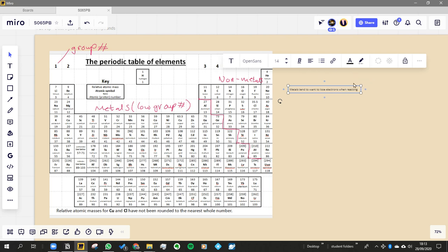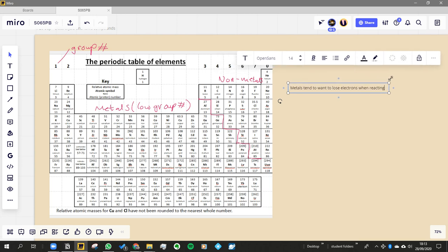Maybe it's probably true to say they always lose electrons, but I'm going to play it safe and say tend to. Metals tend to want to lose electrons, and non-metals tend to want to gain electrons.